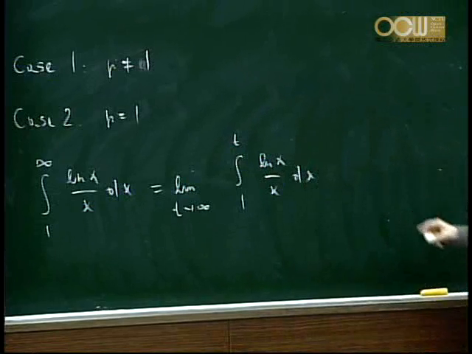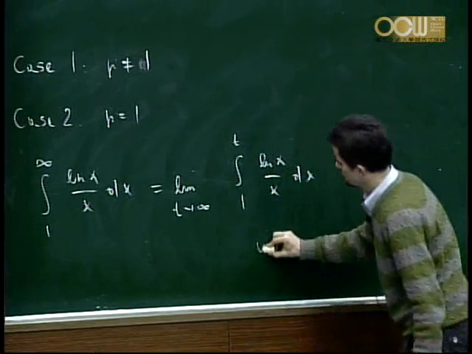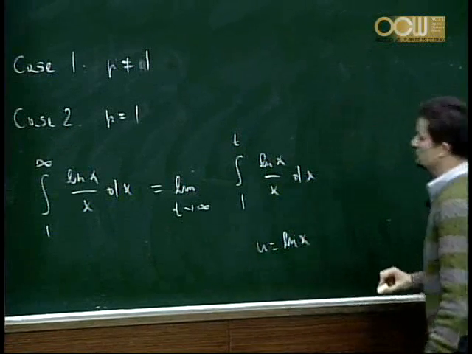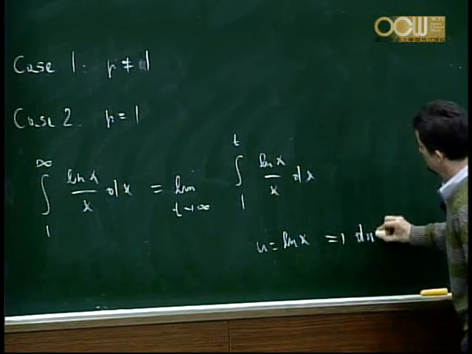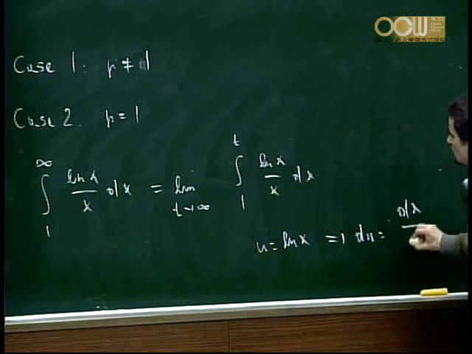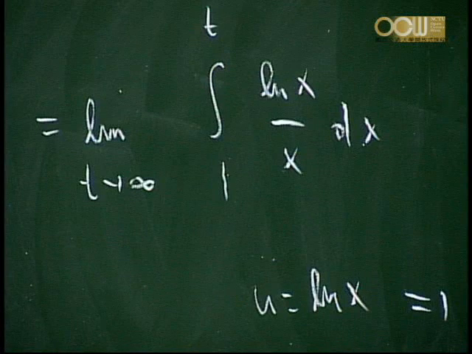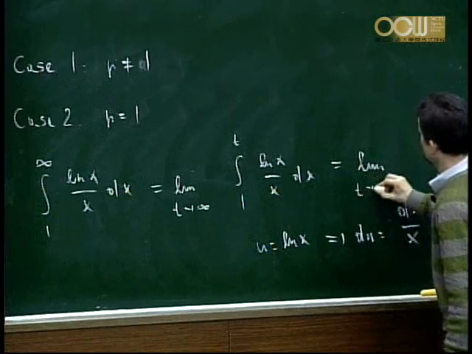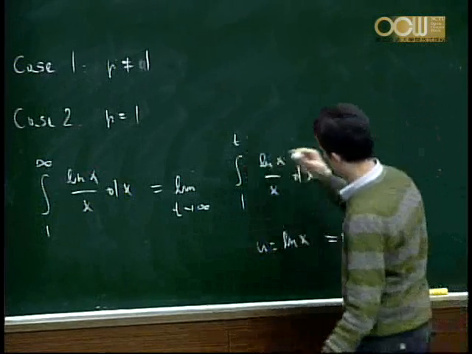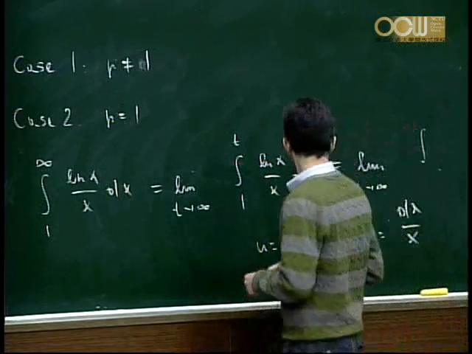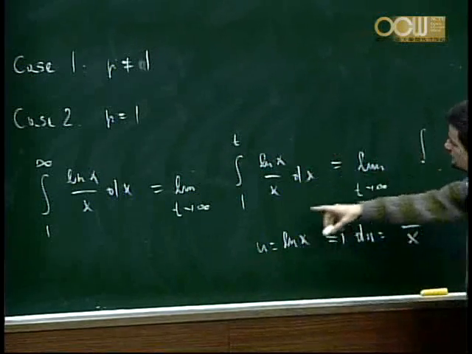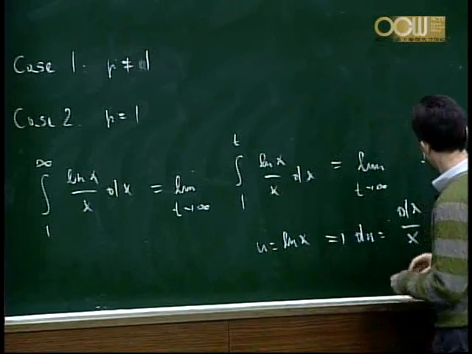You know how to handle this integral, so what you do is substitute u equal to ln of x, because then your du becomes dx over x. So what you then have is the limit as t tends to infinity. Also, the limits change, but let's maybe first compute.